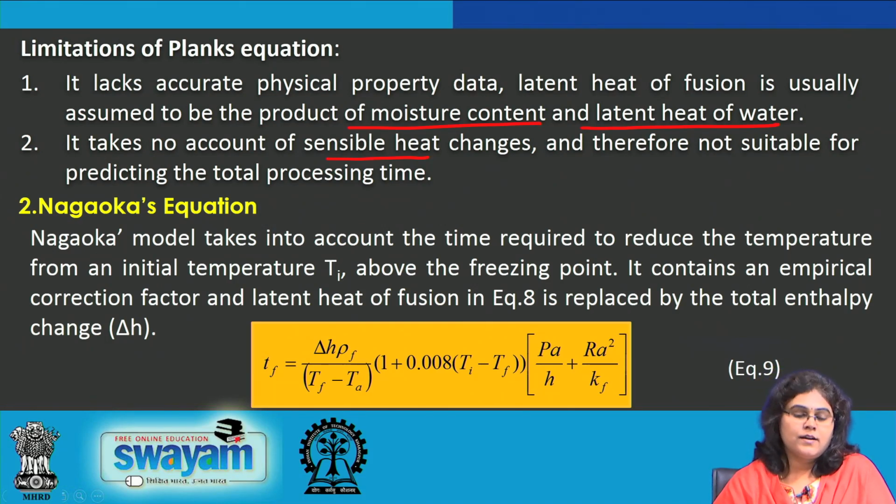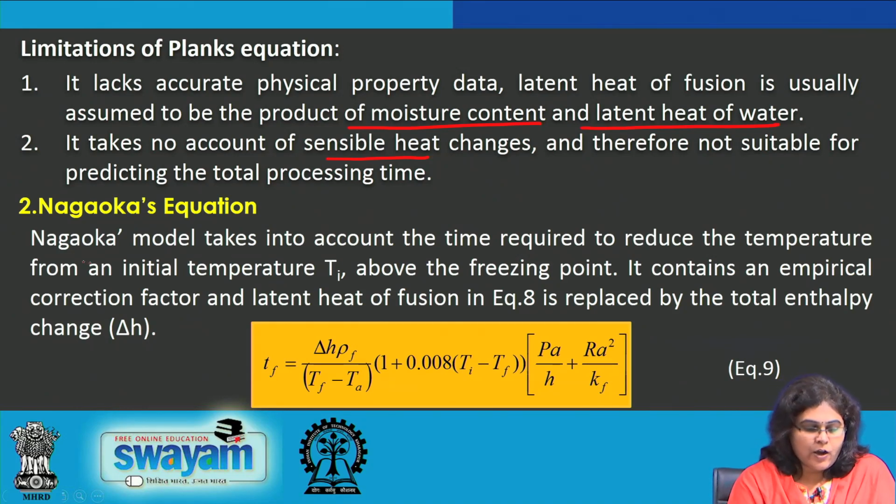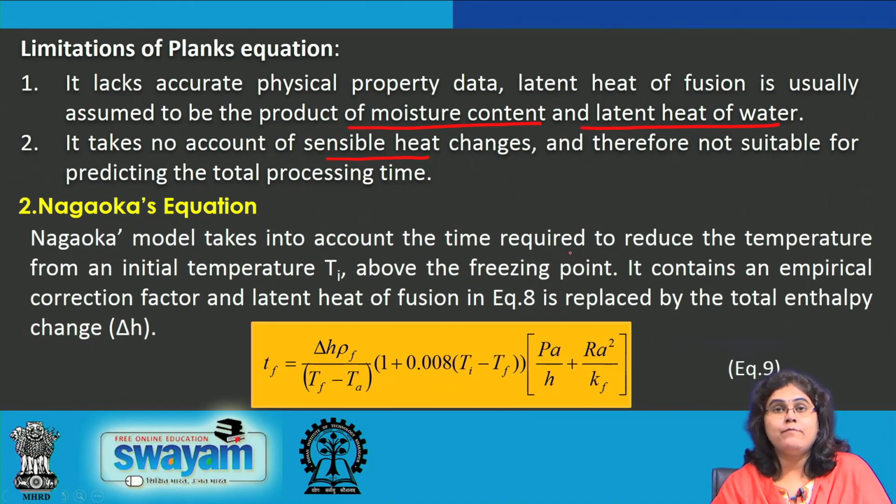In this regard, one scientist, Nagaoka, considered certain modifications over Planck's equation and developed an expression to calculate the freezing time more accurately. Nagaoka's model takes into account the time required to reduce the temperature from an initial temperature Ti, that is above the freezing point temperature.